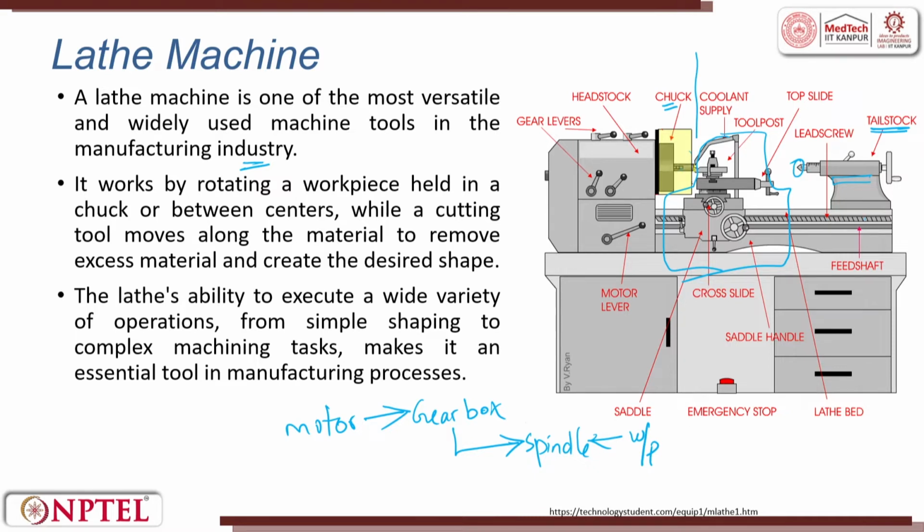So, you have two rods here. One is called the feed shaft, the other one is called the lead screw. So when we want to operate in automatic mode, we will use the feed shaft, and we also have the lead screw to get the combination with which we control the feed rates.